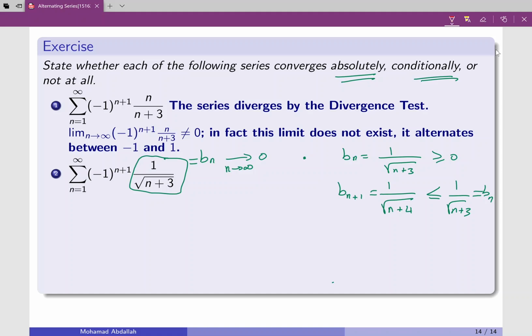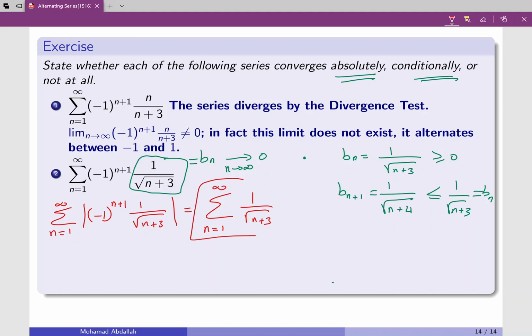Now I will take the sum from n equal 1 to infinity of the absolute value of (-1)^(n+1) times 1 over radical n plus 3. This is the sum from n equal 1 to infinity of 1 over radical n plus 3.